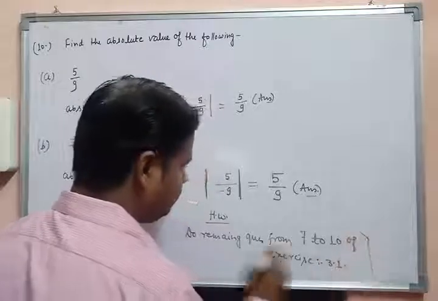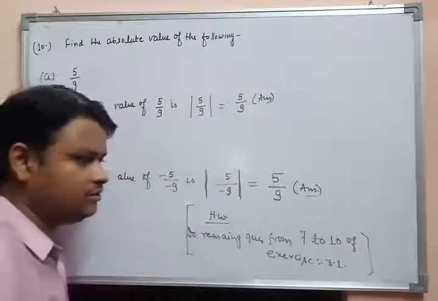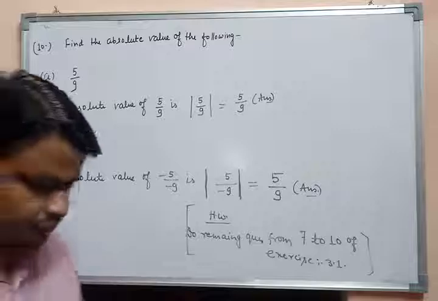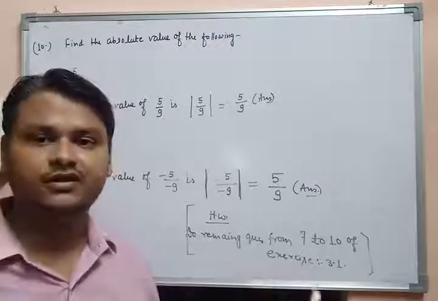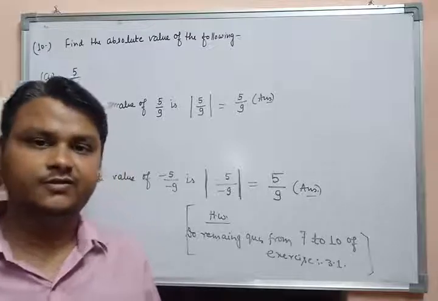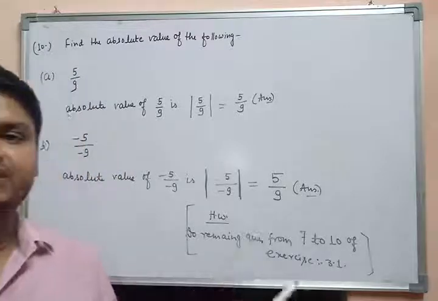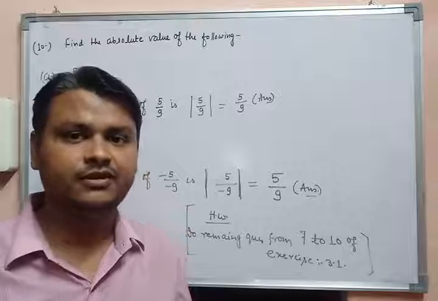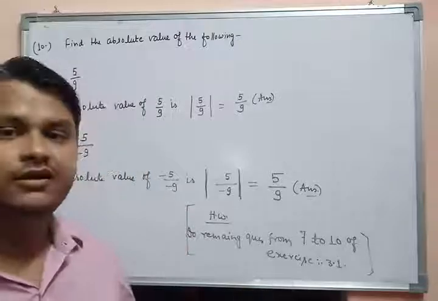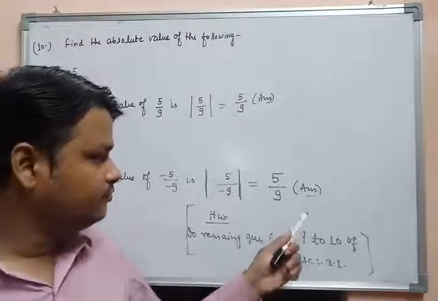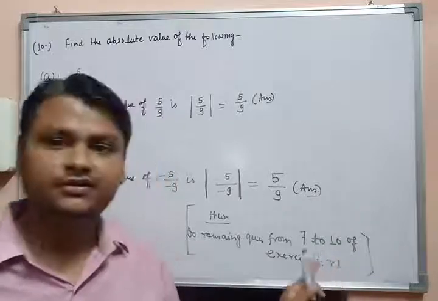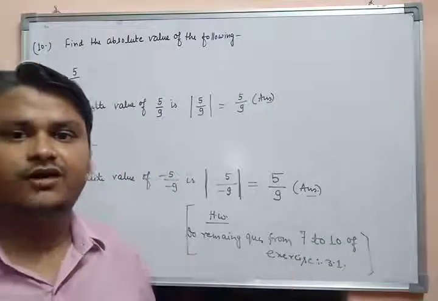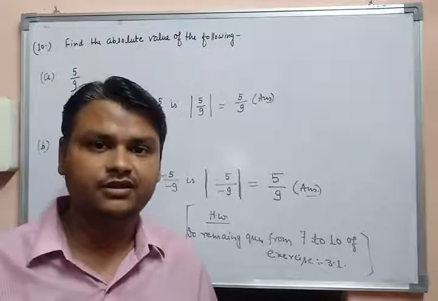Okay. Now student, you have to solve the remaining questions of this exercise from 7 to 10. It means जो क्वेश्चन मैंने अभी छोड़ दिए हैं वो क्वेश्चन आपको होमवर्क में कंप्लीट करने हैं कॉपी में, and you have to follow all the steps before solving these questions. You have to follow all the steps which I have delivered today.